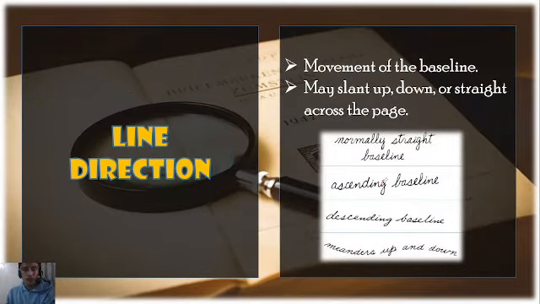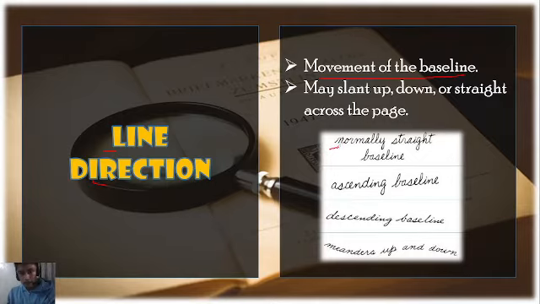Line direction is also commonly observed in handwriting identification. Line direction is the movement of the handwriting from the baseline.